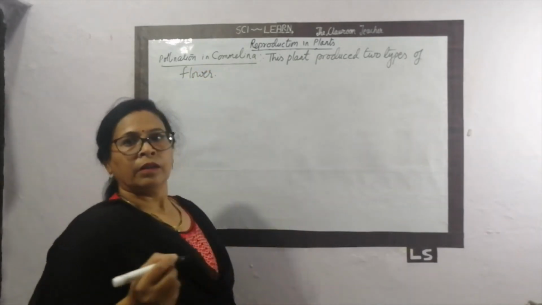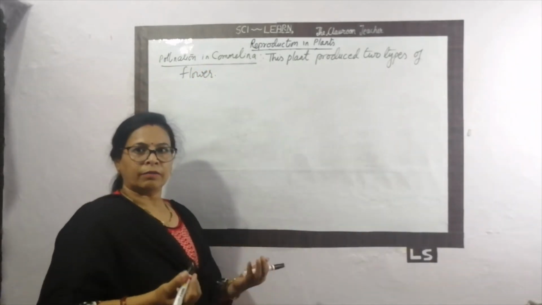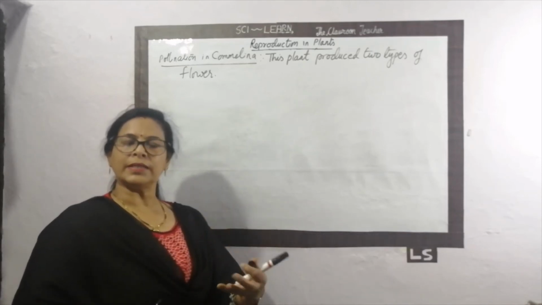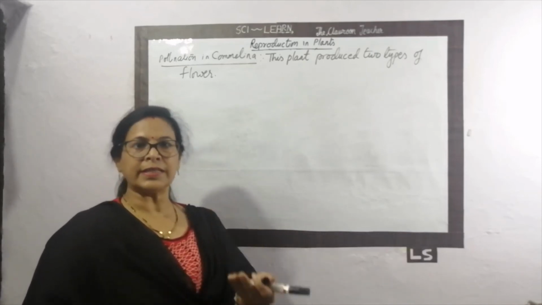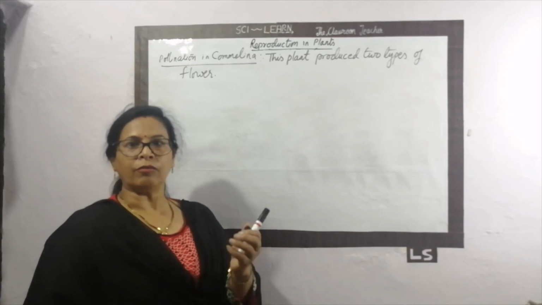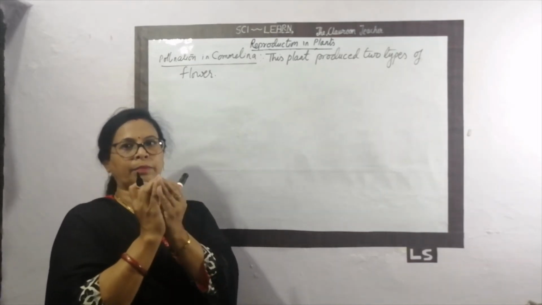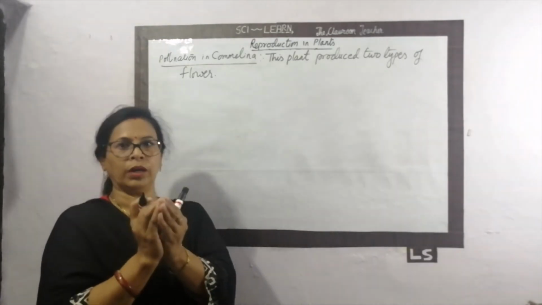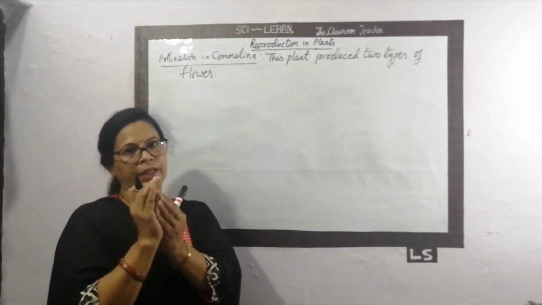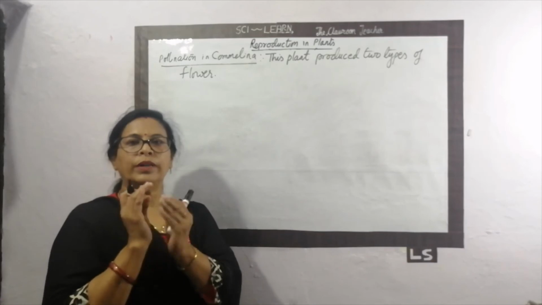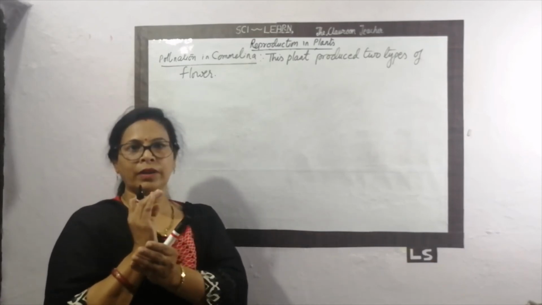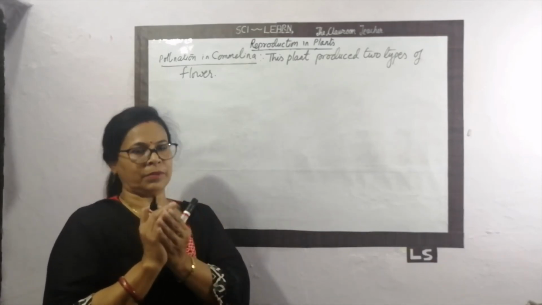Okay, the two types of flowers. One flower which has open stigma and the stamen, and one flower in which the closed part is present inside the flower only. So this is the plant which contains two types of the flower. One is called CHASMOGAMOUS flower and one is called CLEISTOGAMOUS flower.